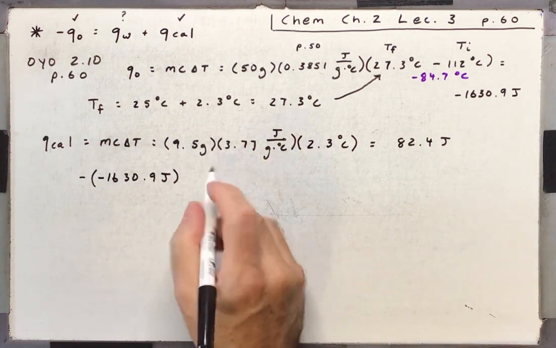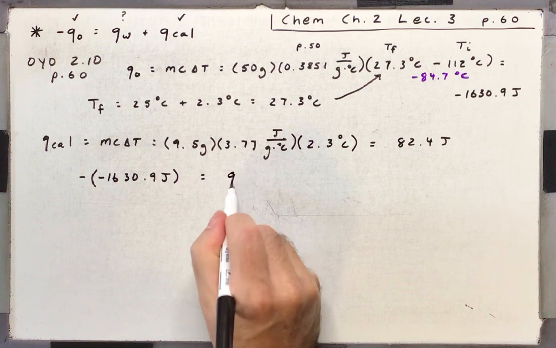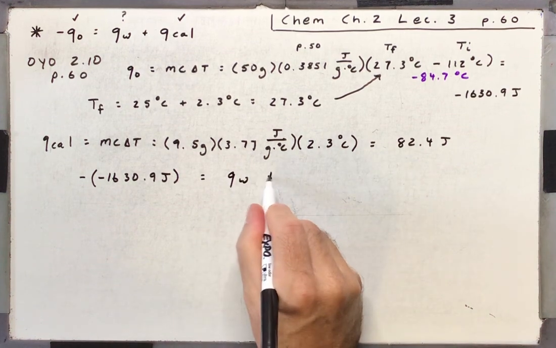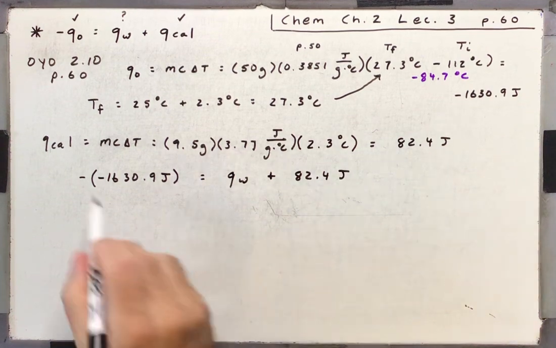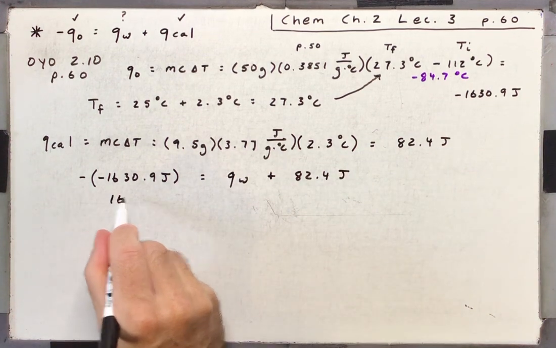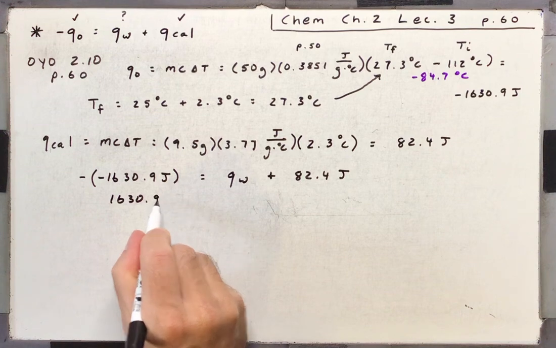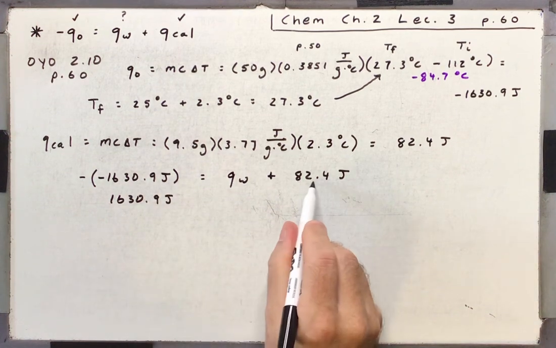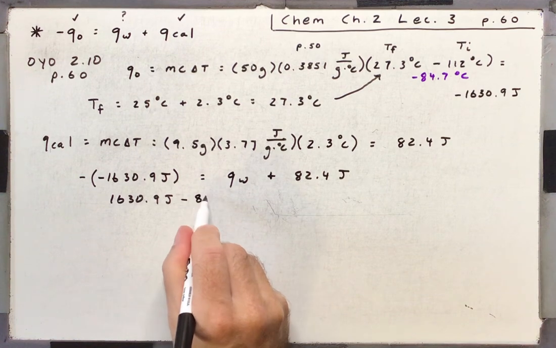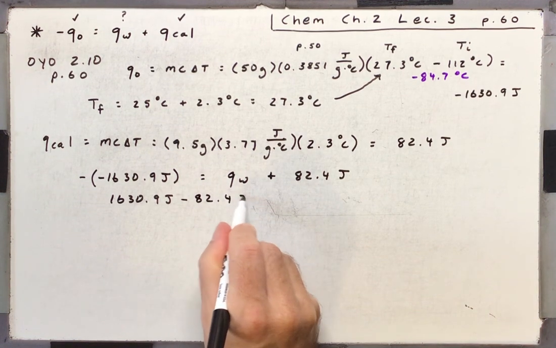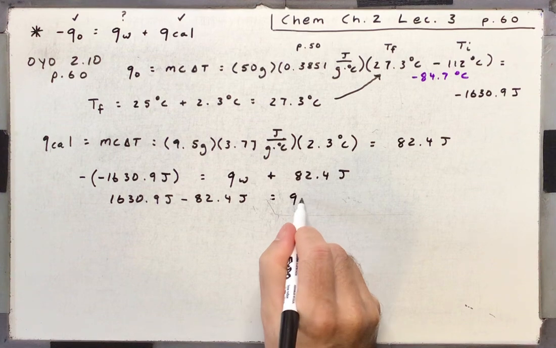So minus is equal to Q of the water plus the Q of the calorimeter, 82.4 joules. So two negatives make a positive. So we've got 1630.9 joules. And then if we subtract 82.4 from each side, minus 82.4 joules, that's equal to the Q of the water.